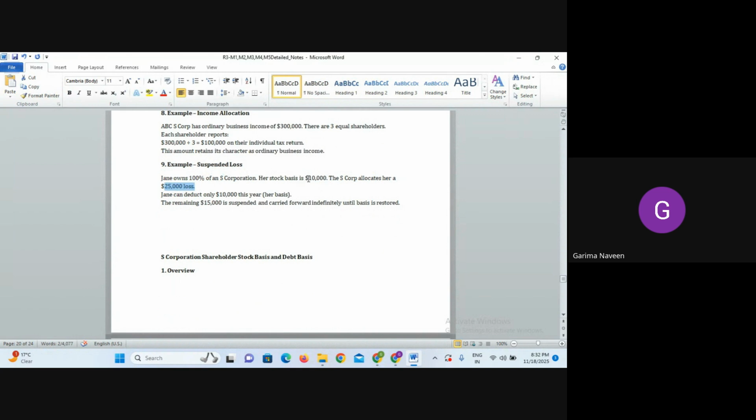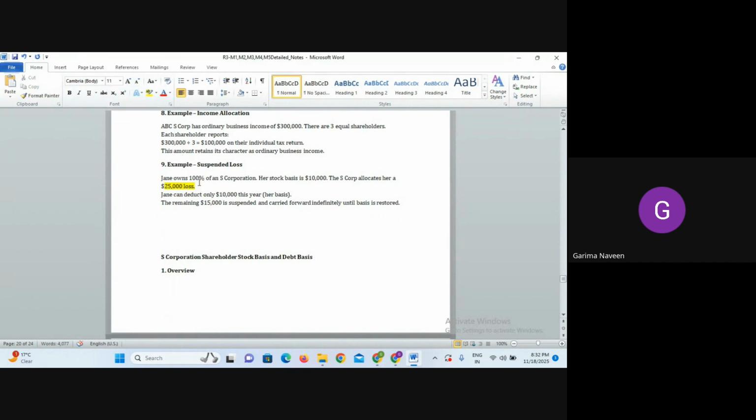So your stock basis in the S corporation is $10,000, and in the year you have a loss of $25,000 in the S corporation. Since you are a 100% shareholder, the whole amount of loss flows to your return.